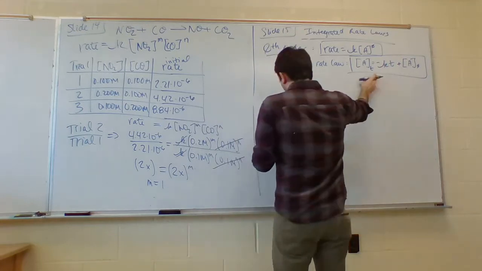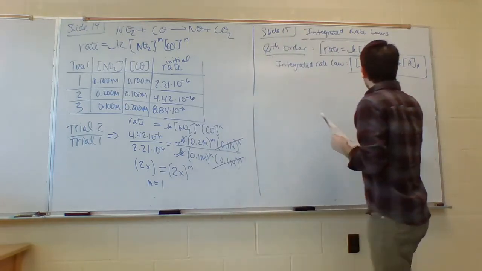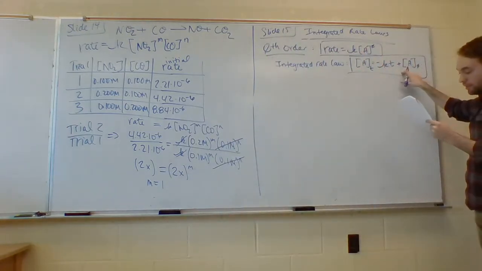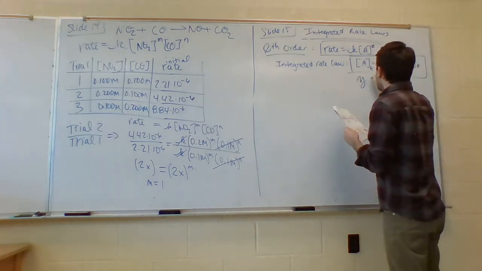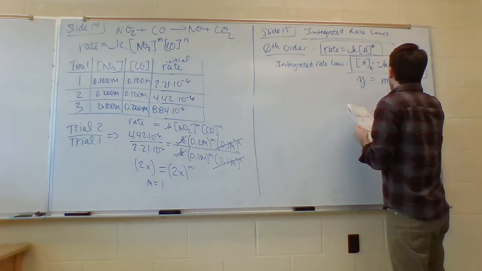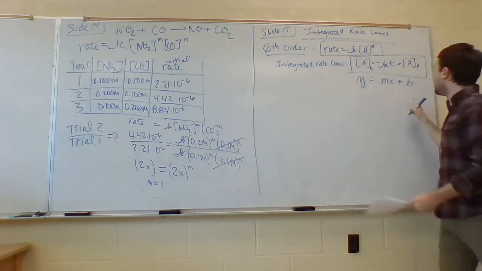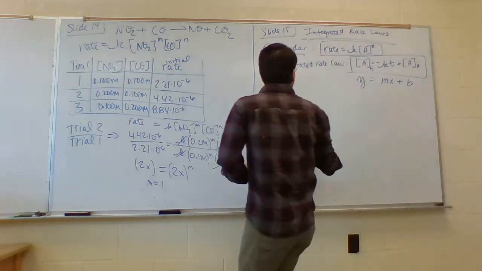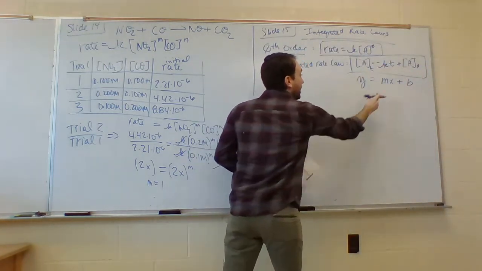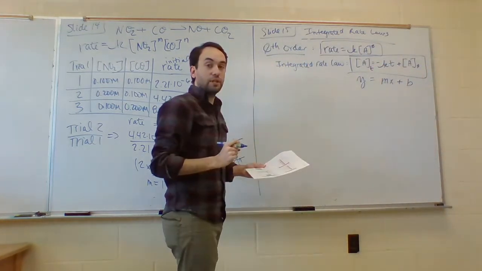Now, as you can see, and notice that that's a negative, this is basically like saying y is equal to mx plus b, where b is my y-intercept, and my slope m is equal to negative k.